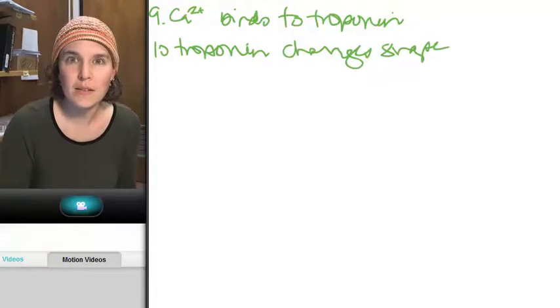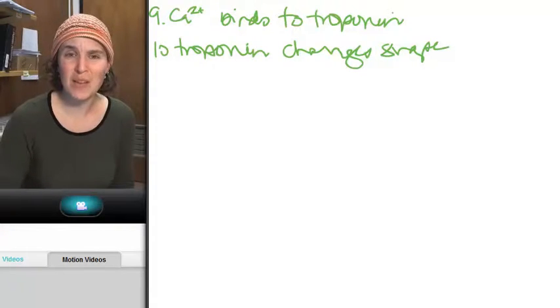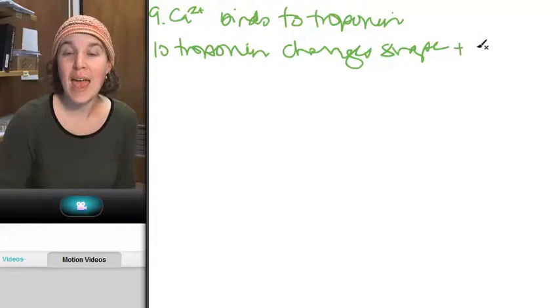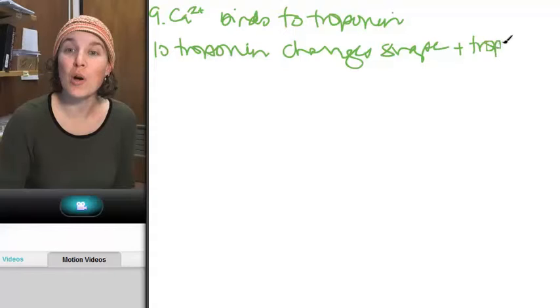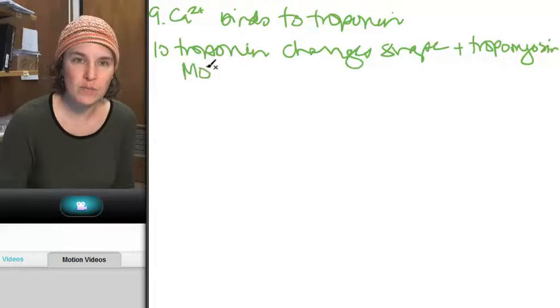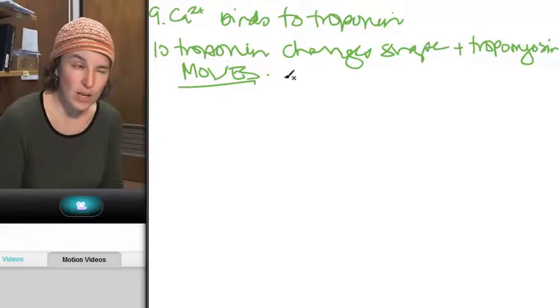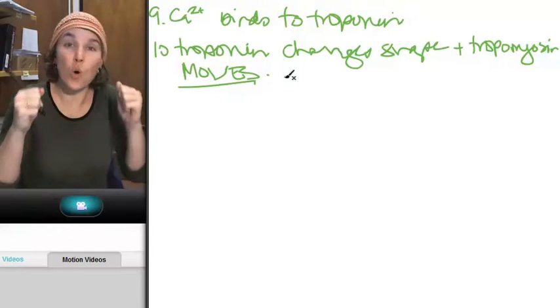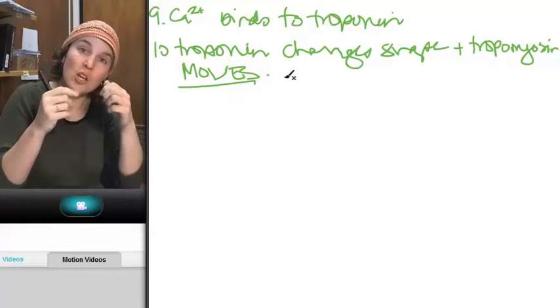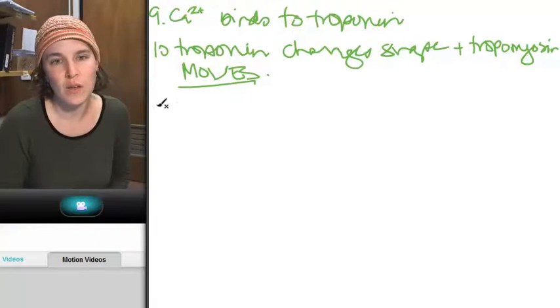Why? Because it bound to calcium. And tropomyosin moves. Troponin changes shape. It's holding tropomyosin in place. Tropomyosin moves.